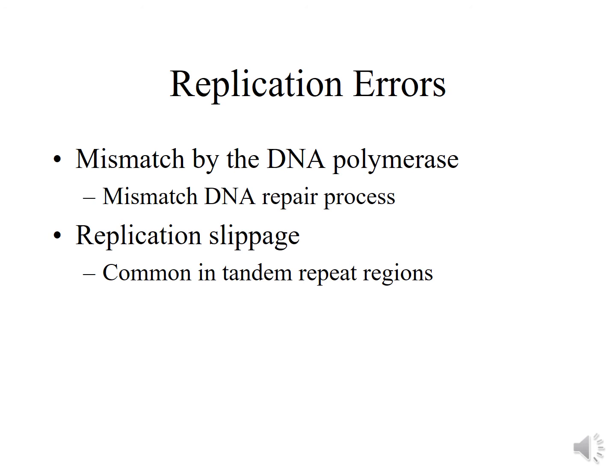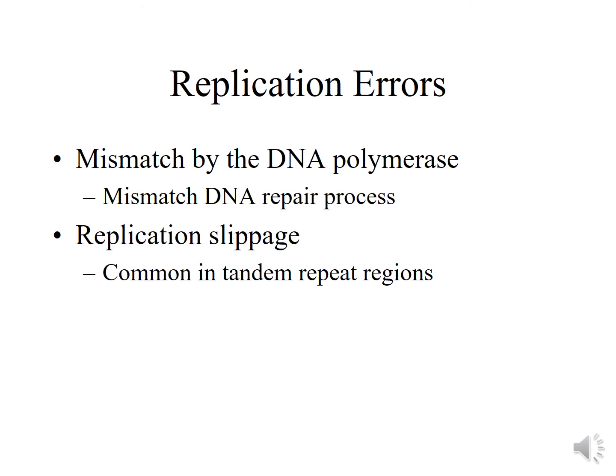Another type of replication error commonly occurs within regions of DNA where there are short tandem repeats. If, for example, the DNA polymerase encounters a 30 nucleotide sequence with 15 sequential repeats of the AT dinucleotide or 10 sequential repeats of the CAA trinucleotide, there will be an increased chance that during DNA replication, a mistake is made in aligning the growing DNA strand with its template strand.